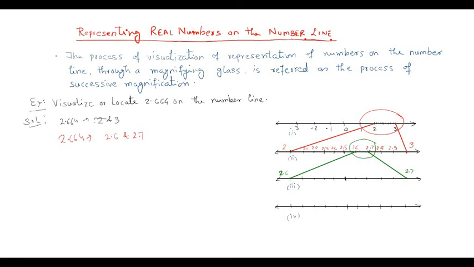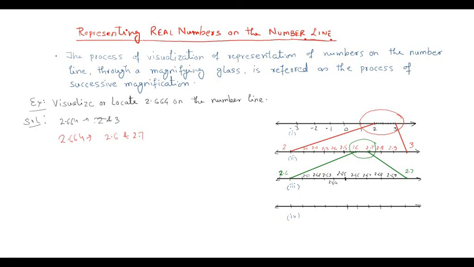It becomes 2.61, 2.62, 2.63, 2.64, 2.65, 2.66, 2.67, 2.68, 2.69.